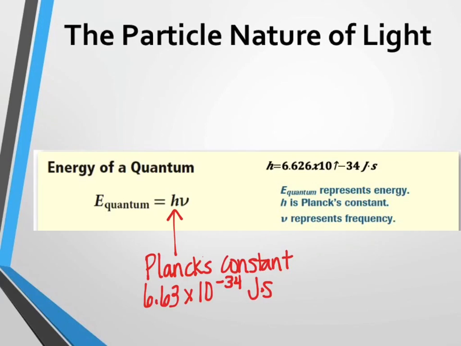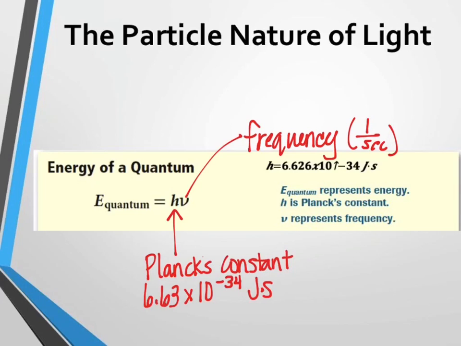Nu, what does nu stand for? Frequency. And that is 1 over seconds, which means what is E going to be measured in? If this is joules times second, and this is 1 over seconds, joules. Yes, thank you.